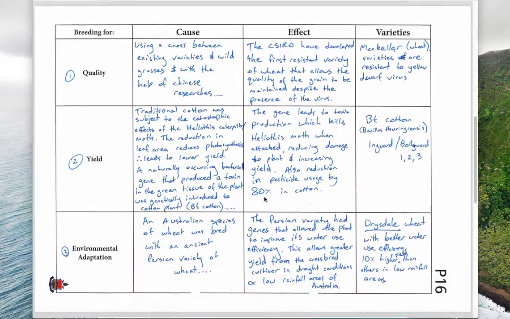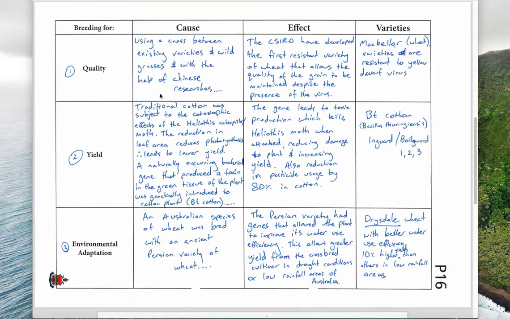So if we have a look here at the information, this is basically the whole dot point, and it's an explain dot point. So you need to show cause and effect with an example, and I've given you cause, effect, and examples here. So first of all, quality.